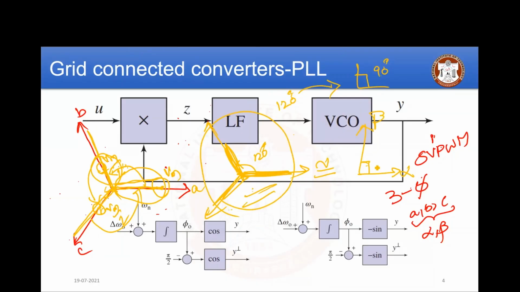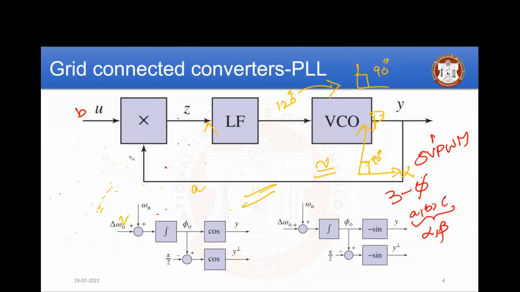These are at 90 degrees to each other. What happens as A, B, C vary with respect to time? My A magnitude is going to vary, and B magnitude is going to vary, and C magnitude is going to vary like this. All three are varying with respect to time.